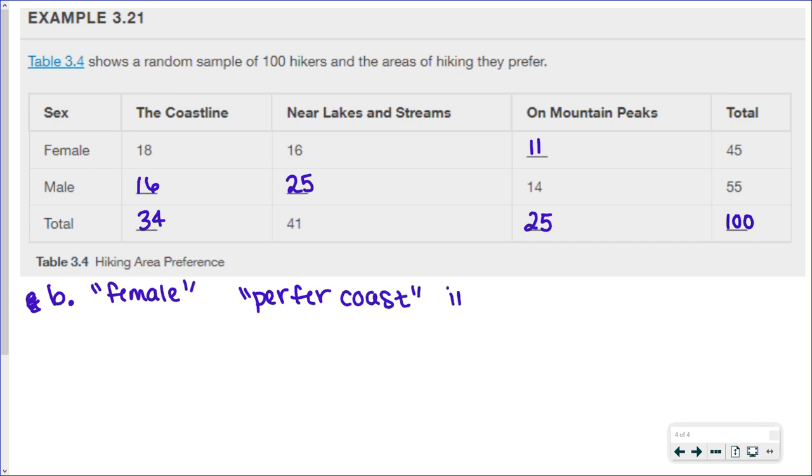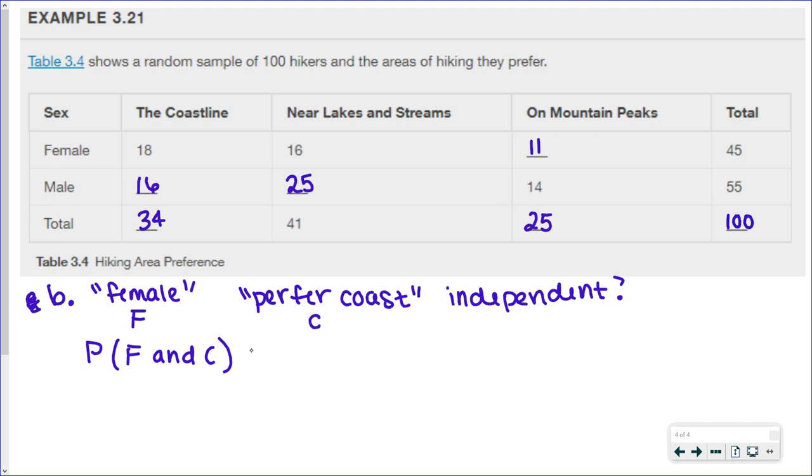And we're checking, are these independent? So for checking for independence, we first need to find the probability of, I'm going to call this F and this C. So we need to find the probability of F and C.